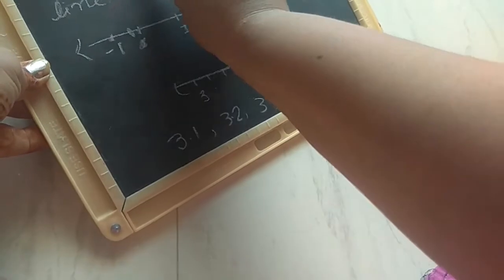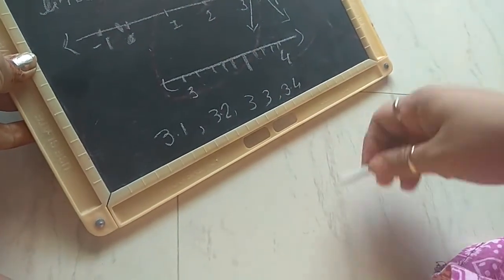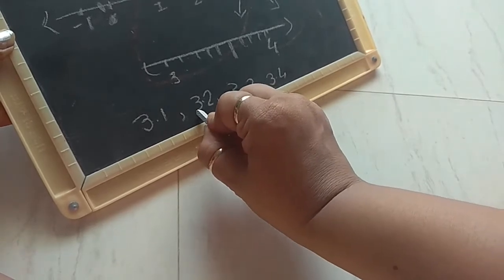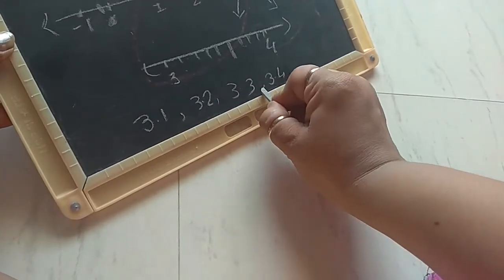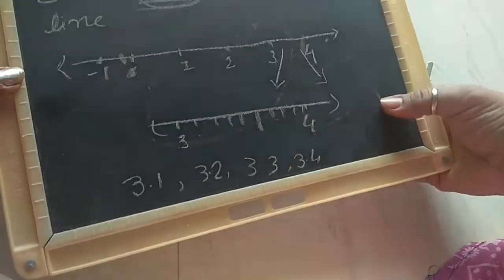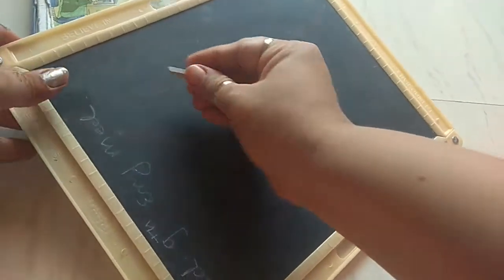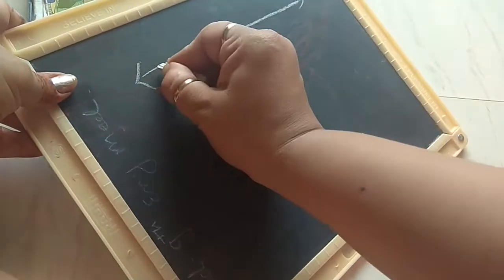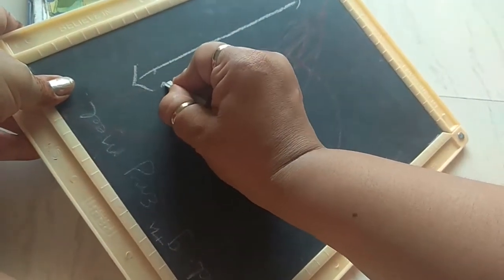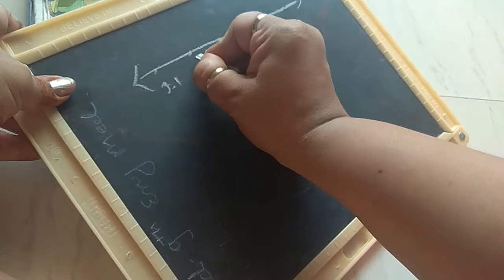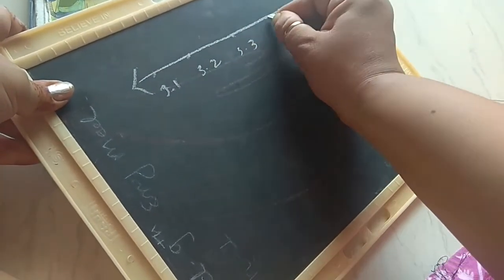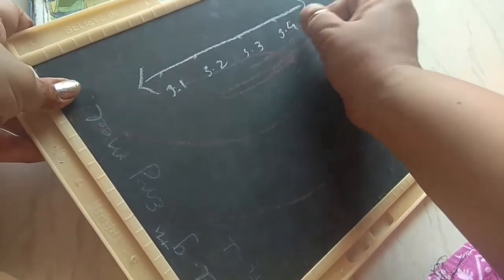Now again we have to do one more line because our number will be between 3.2 and 3.3. Yes or no? Yes. So again I will do the little zoom. How? 3.1, 3.2, 3.3 and 3.4.